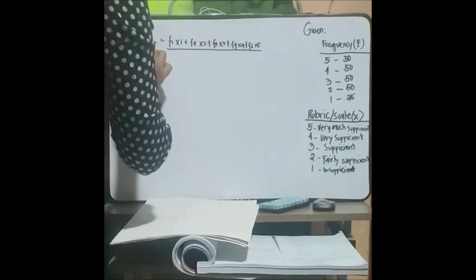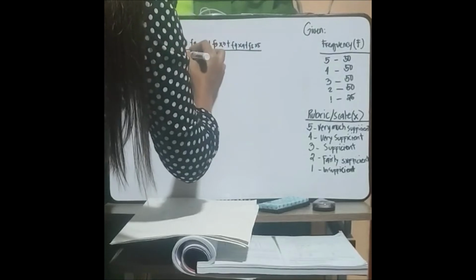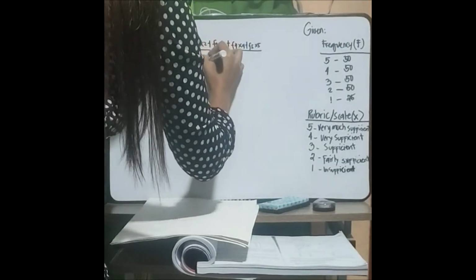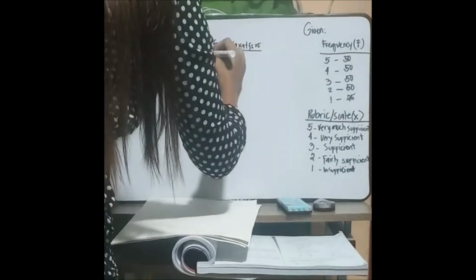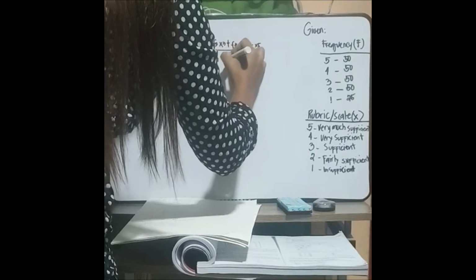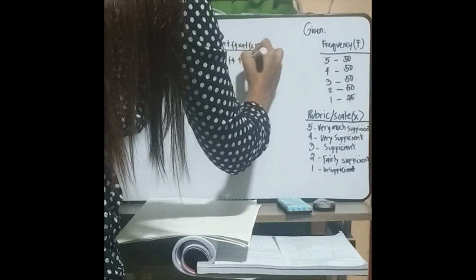Alright? So now, over f sub 1, which is our frequency, f sub 2, f sub 3, f sub 4, f sub 5. Okay?